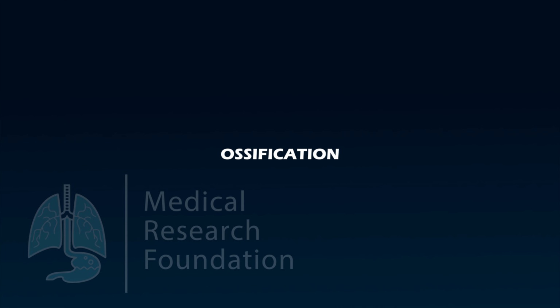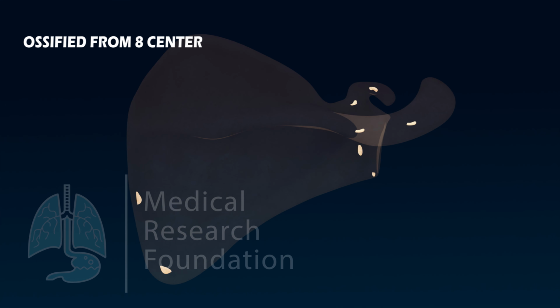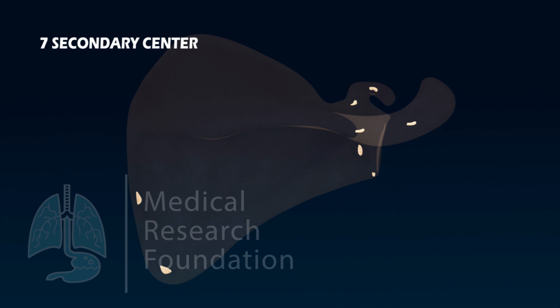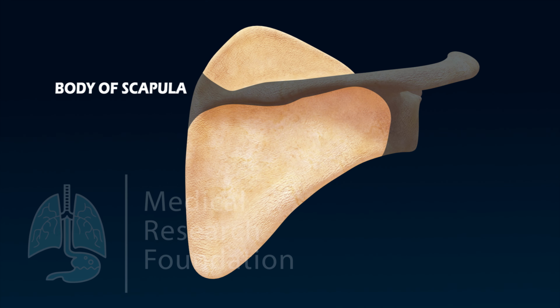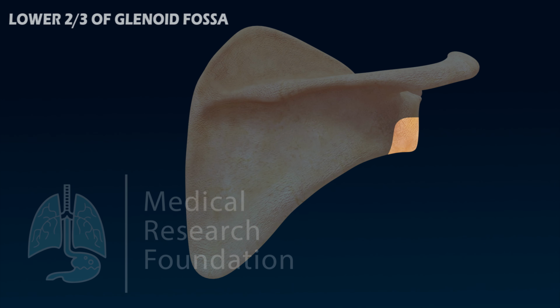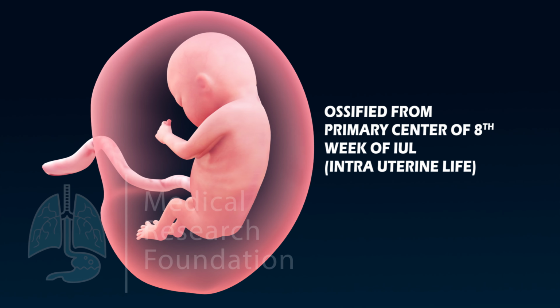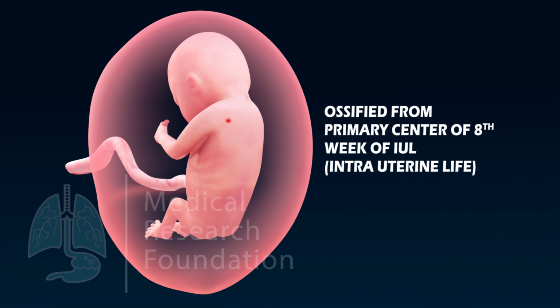Ossification. Ossified from 8 centers, 1 primary center and 7 secondary centers. Body of scapula including lower 2/3 of glenoid fossa is ossified from primary center at 8th week of IUL.